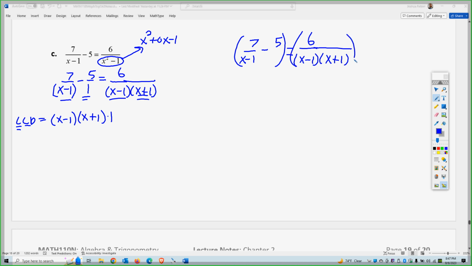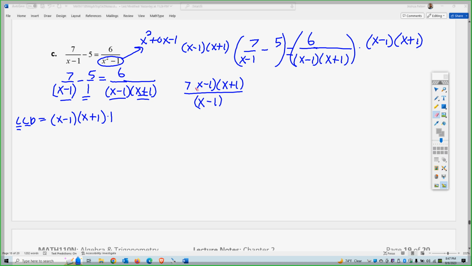Okay, multiply this side by x minus 1 times x plus 1, which is the LCD. Multiply this side by x minus 1 times x plus 1, which is the LCD. Okay, I'm leaving the 1 off because we really don't need the 1 on the LCD. So we have 7 times x minus 1 times x plus 1 over x minus 1.